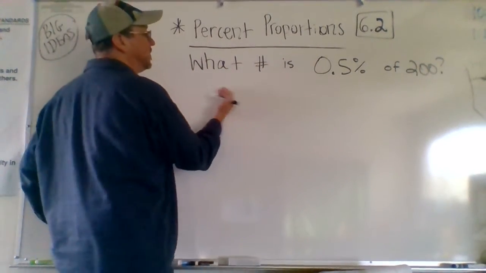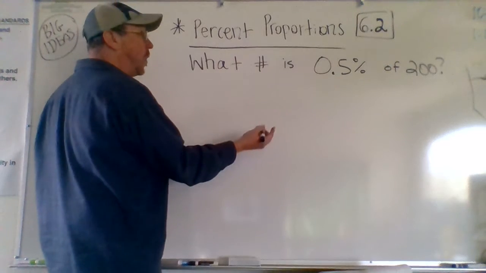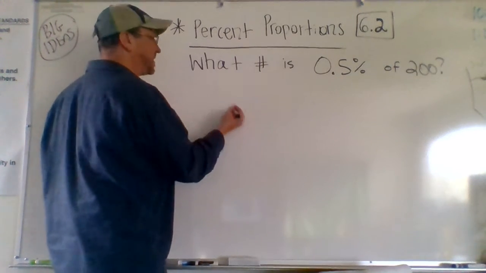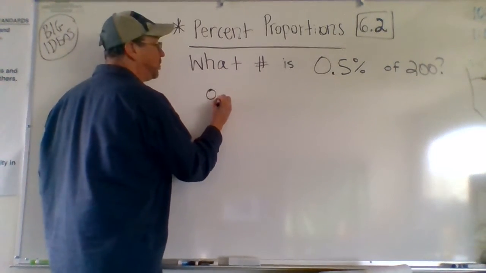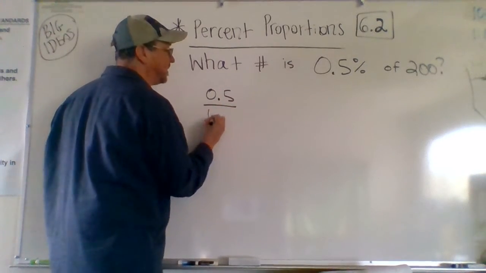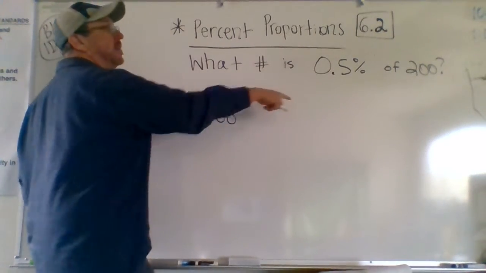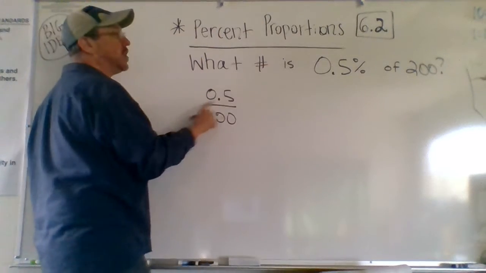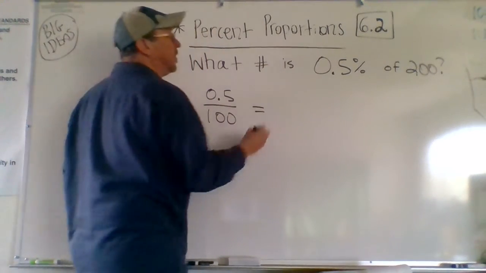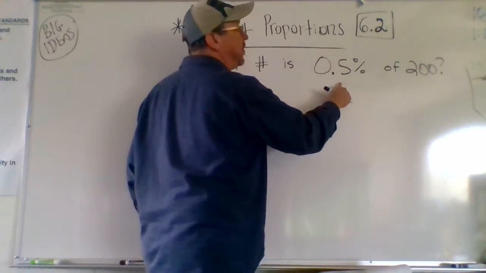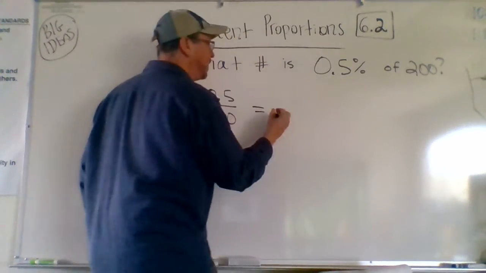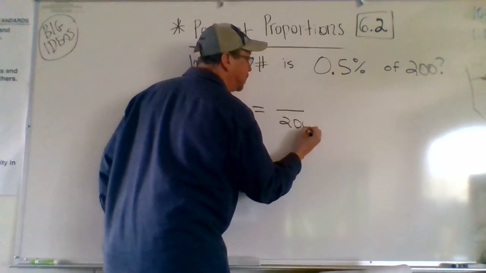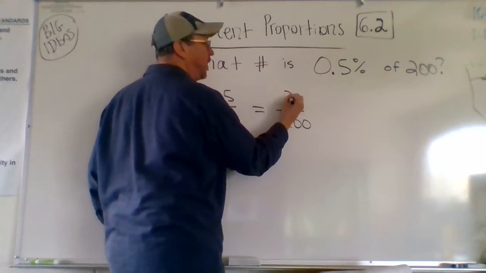So let's figure this out. So we know the percent is going to be 0.5% of 100, right? 0.5%. So we know this is true. What number is 0.5% of 200? So we're doing it of 200, and we want to know this.